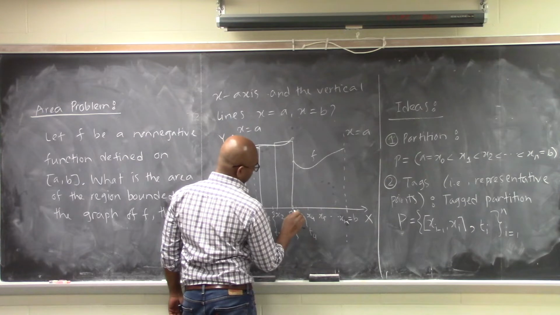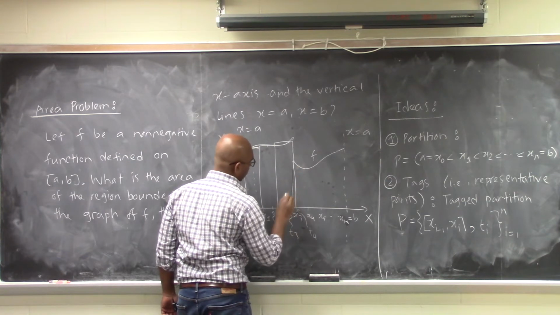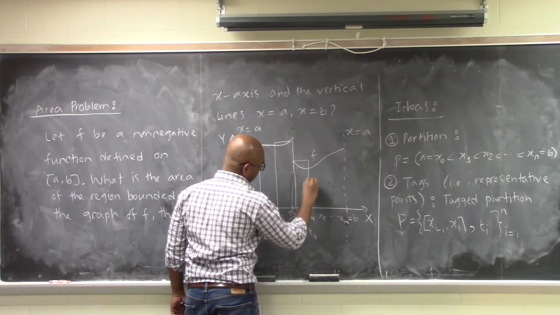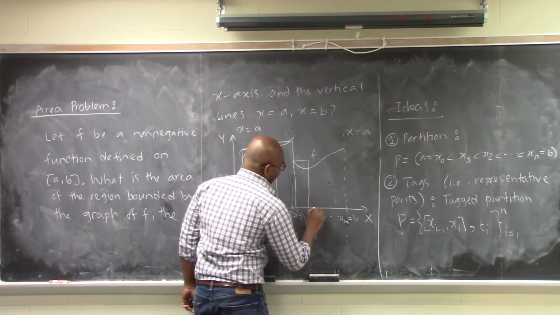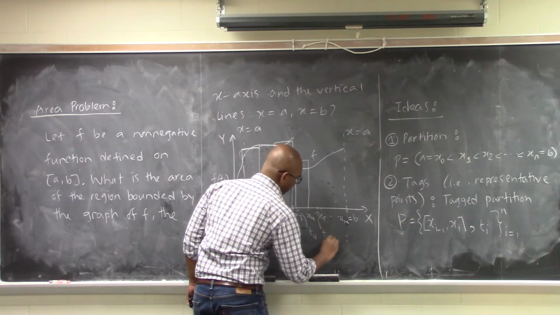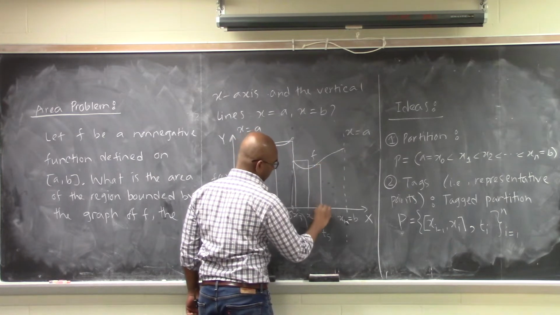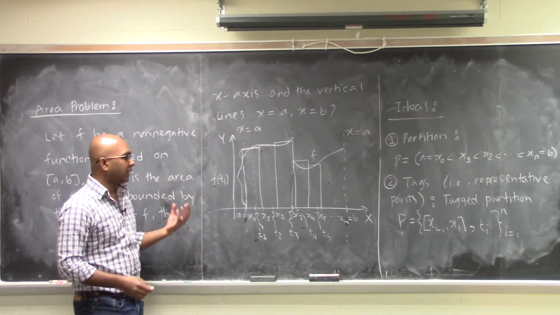Then it should be like this, and this rectangle will have this length, and then this is t sub 5. Okay, then this is going to be the height, and then we get this rectangle, and so on and so on. Okay, so we fit rectangles, and then what do we get?